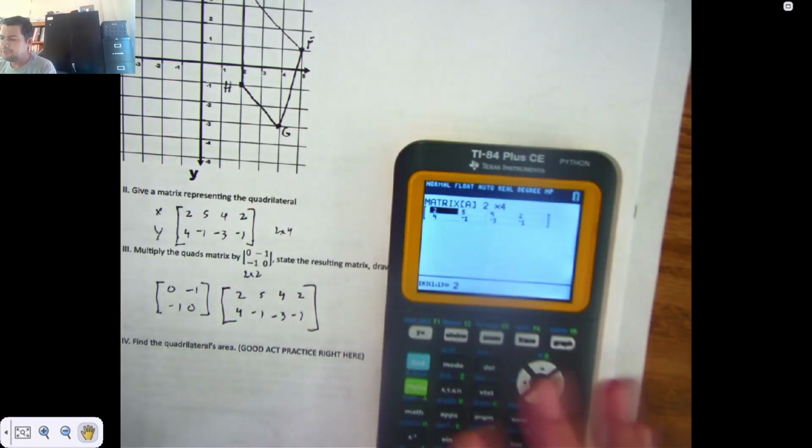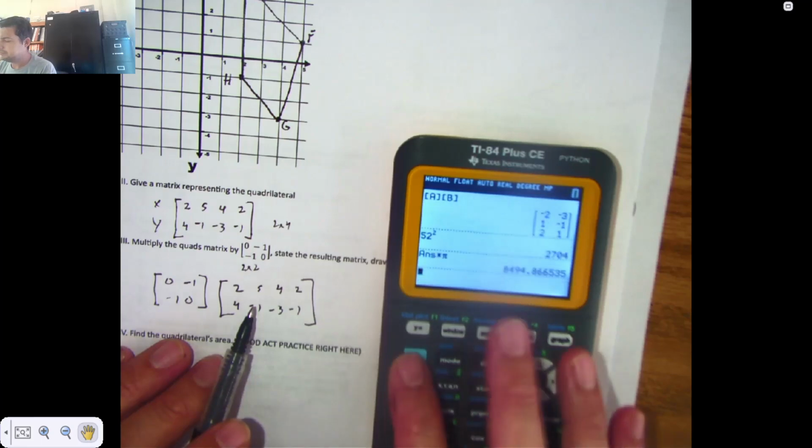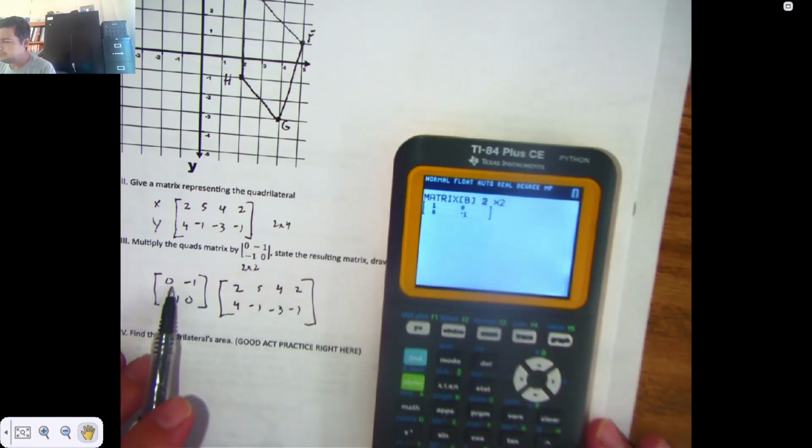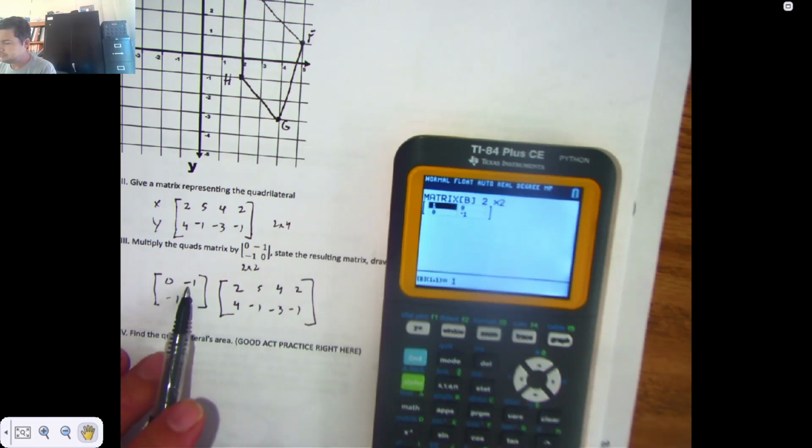All right. I put it in matrix A. B should be this one. I do have to pay attention to the order I do things.